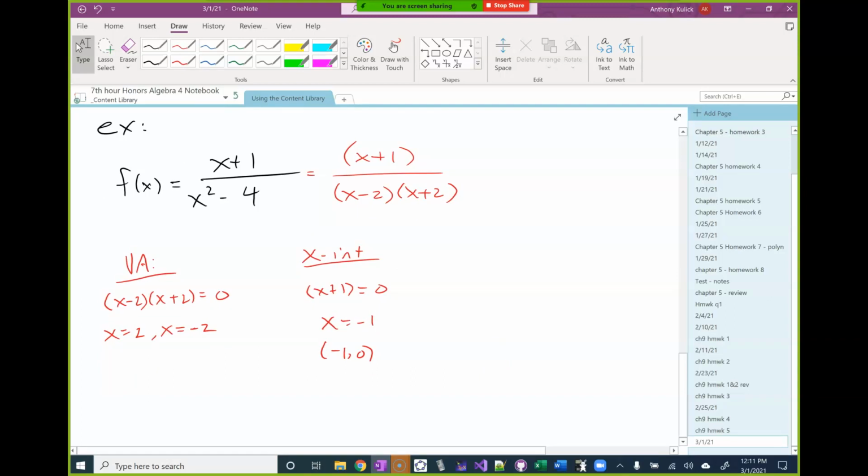So I'm going to make sure that when I solve for x, I write it as a point, just to make sure I don't mess that up. Everybody's okay there? Okay. I'll find my y-intercept next, and I get that by putting 0 in for x.